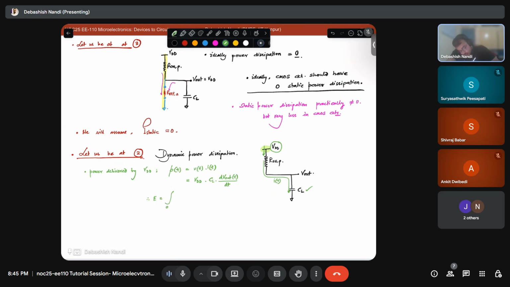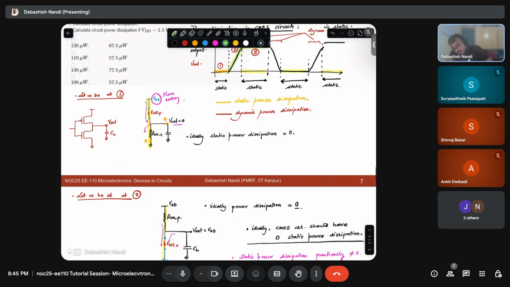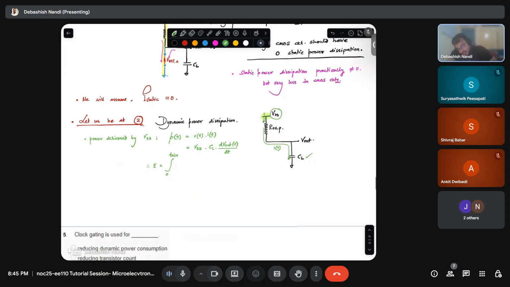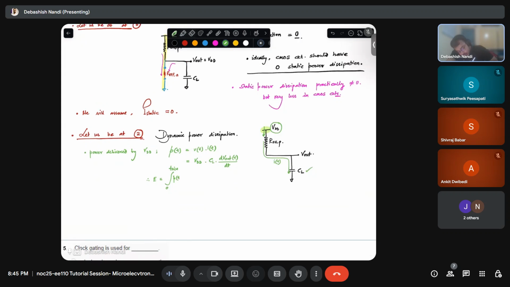So the total energy dissipated by this will be the integration from 0 to T rise time, right? Let's say this is 0, this is T rise. So the integration of P(t) dt, the dt will get cancelled, and your output is charging from, at t equal to 0, V out is 0, and at t equal to tr, your V out will be VDD.